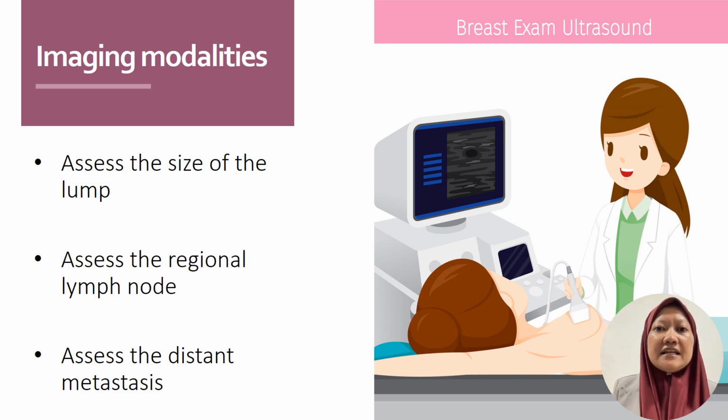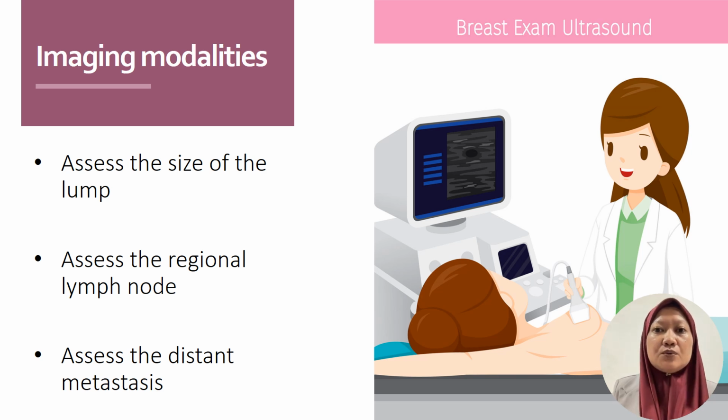Mammography is an imaging technique essential for assessing the size and characteristics of the lump, as well as screening for any additional abnormalities in the breast tissue. Ultrasound is particularly useful for evaluating lymph node involvement and differentiating between solid masses and cysts.